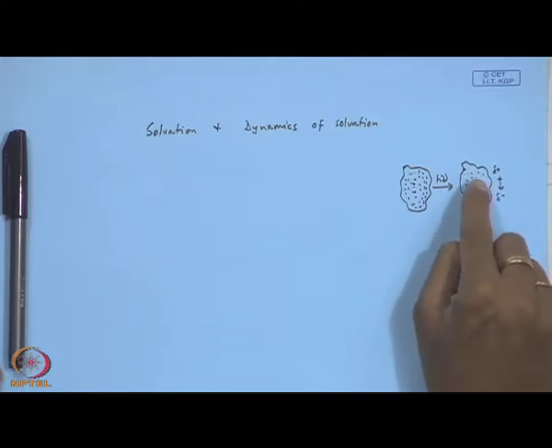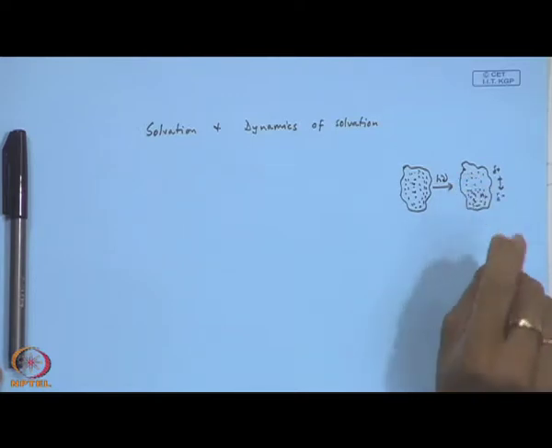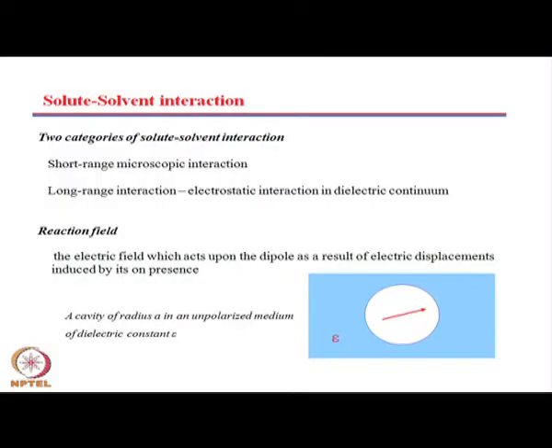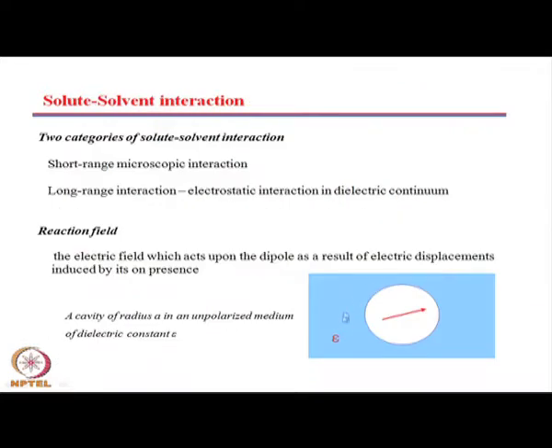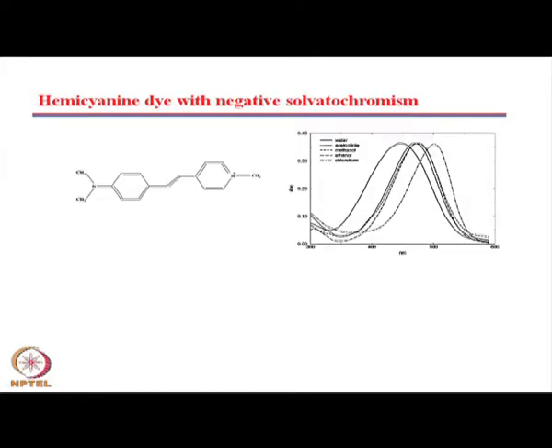Maybe a change in dipole moment is there. In this case, the dipole is placed within a cavity of radius a, as I told you, and it is in a continuum dielectric, a dielectric continuum.